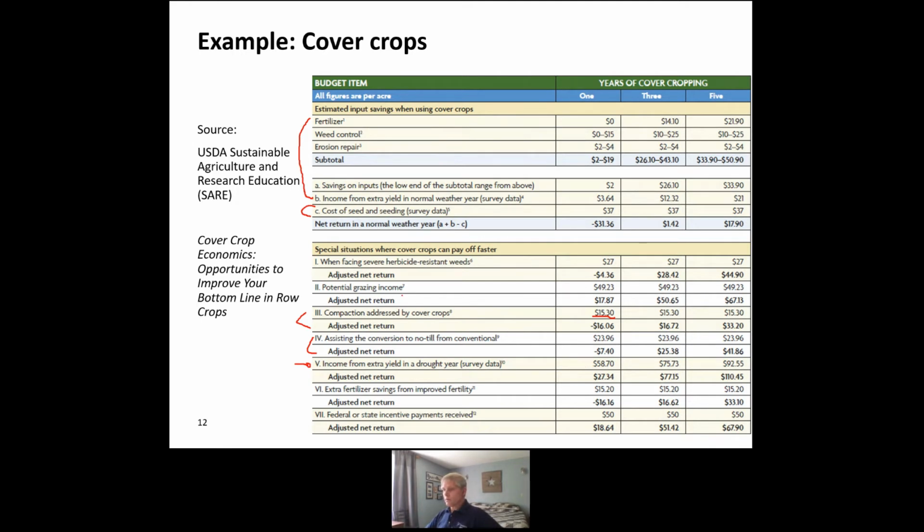So there's different factors here that they're considering, and it gives you a good overview, or gives you some ideas of the types of things that you can be thinking about here. Erosion repair is another one that in this one, they just calculated labor to fix erosion problems, as far as getting out there and filling in the gullies and those kind of things. I've seen studies as well where they put a value on the soil that's left the farm.